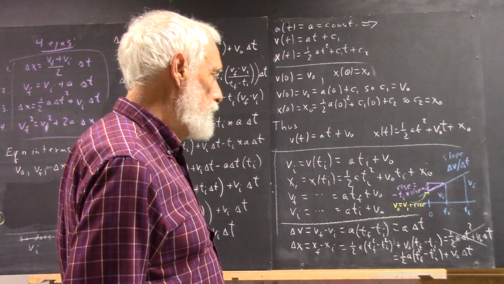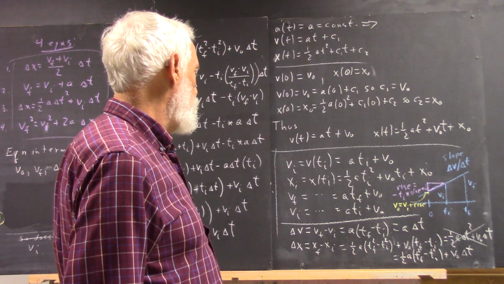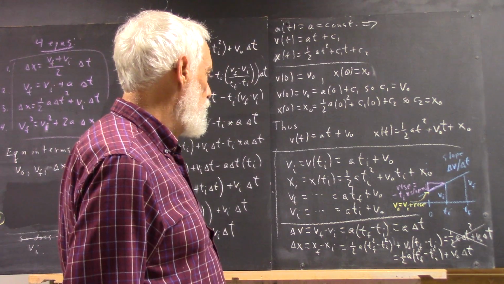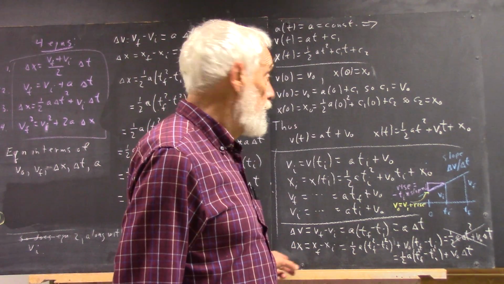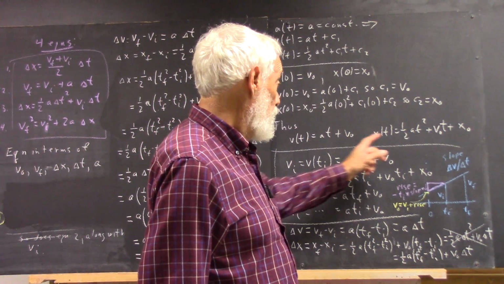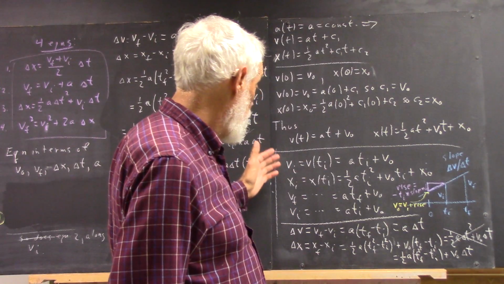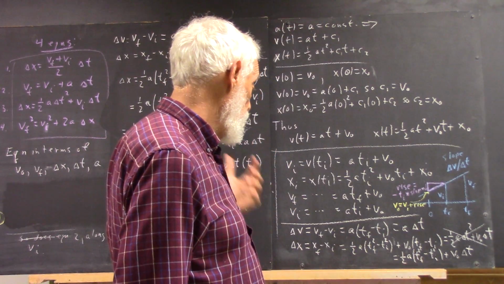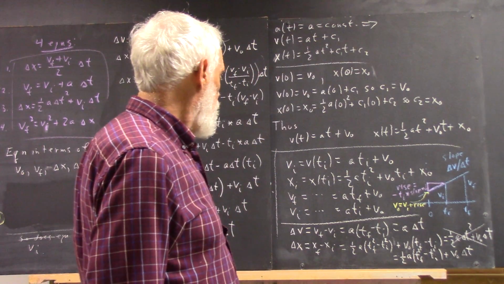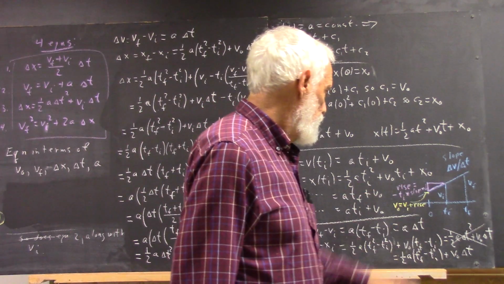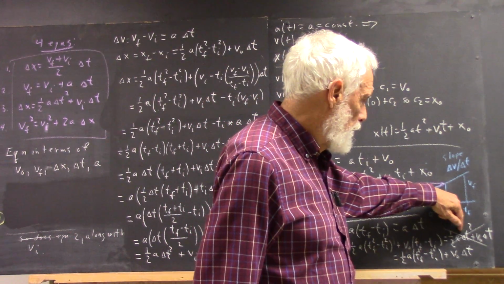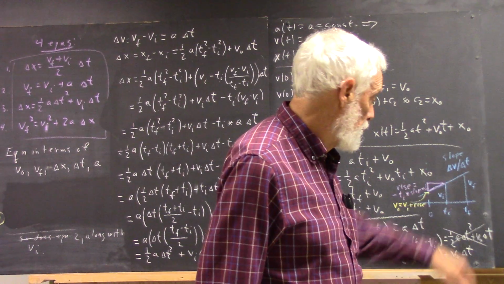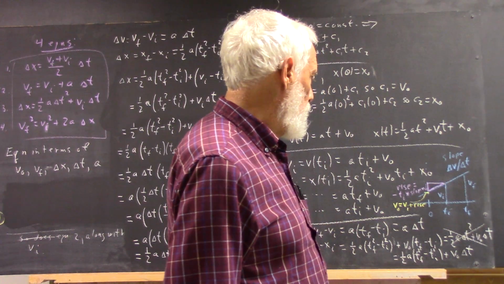Then what we want to do is write down our expressions for delta v and delta x for these functions in terms of xi and ti and vi and all that stuff. And we did that, and when I wrote down the expression for delta x, of course I had 1/2 a delta t squared plus v naught delta t. That's wrong on many levels.